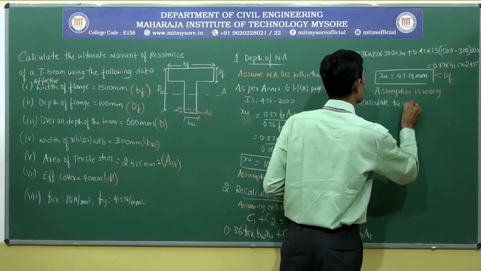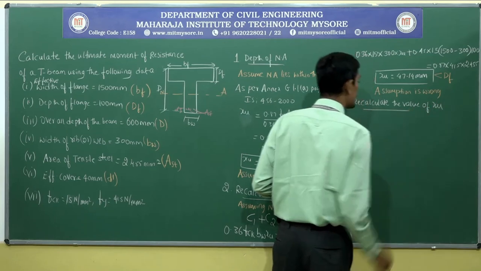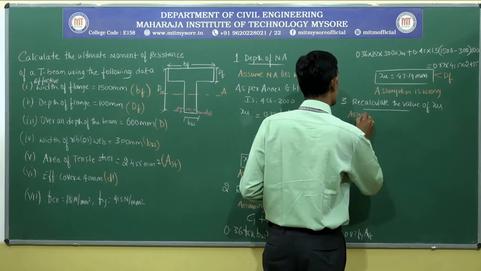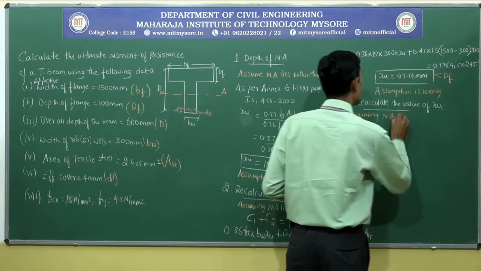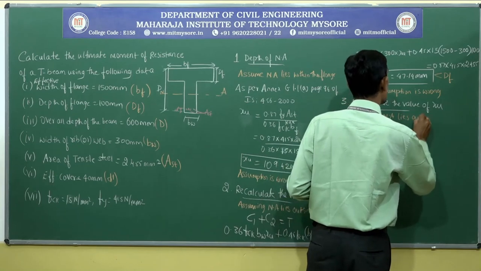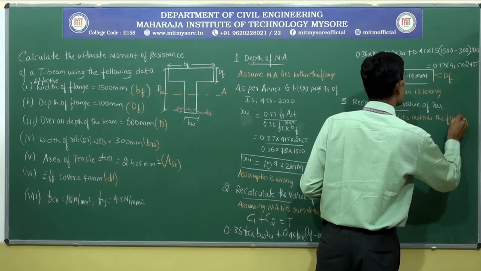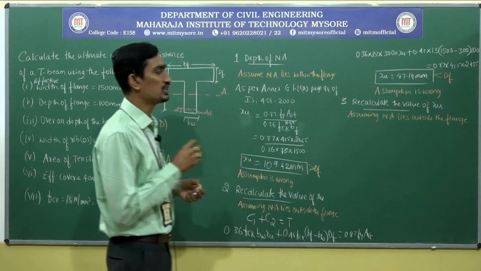Recalculate the value of XU once again with the same condition, that is assuming the neutral axis lies outside the flange. Okay, so this is the speciality of this problem.